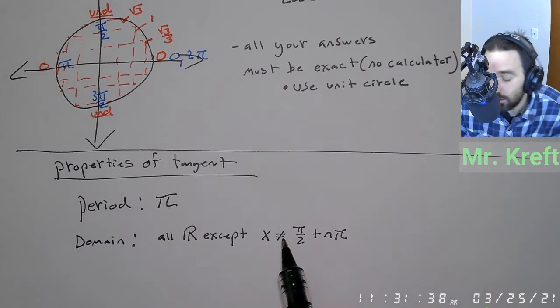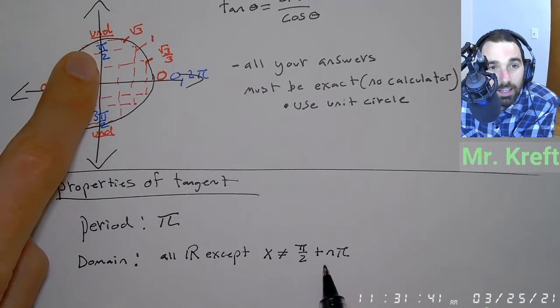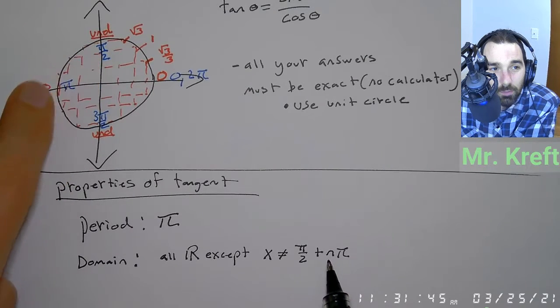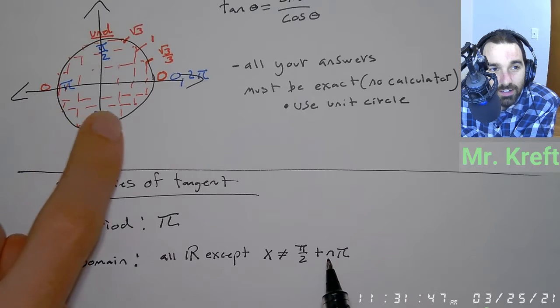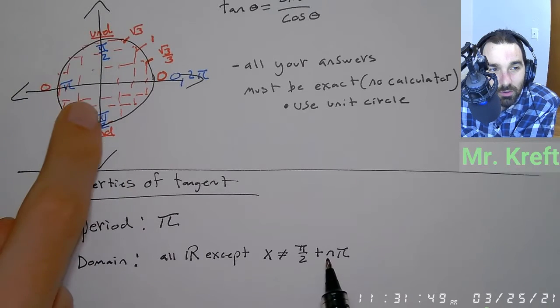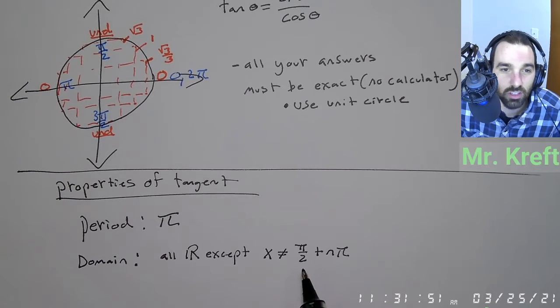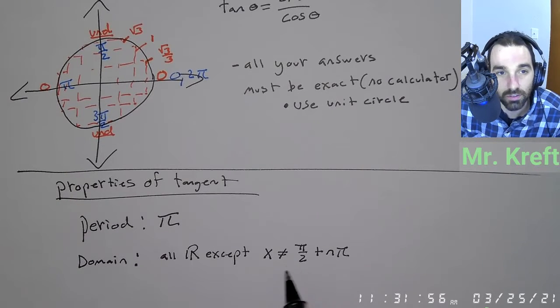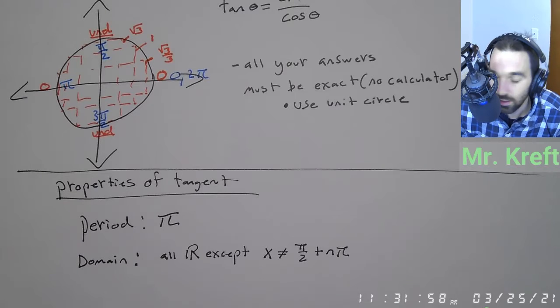This just means that starting at pi over 2, any number of pi's. If I add 1 pi, that gets me to 3 pi over 2. If I add 2, that gets me back here, 3, 4. So any addition or subtraction of pi is going to be undefined. I'll show you what that looks like graphically in just a second.